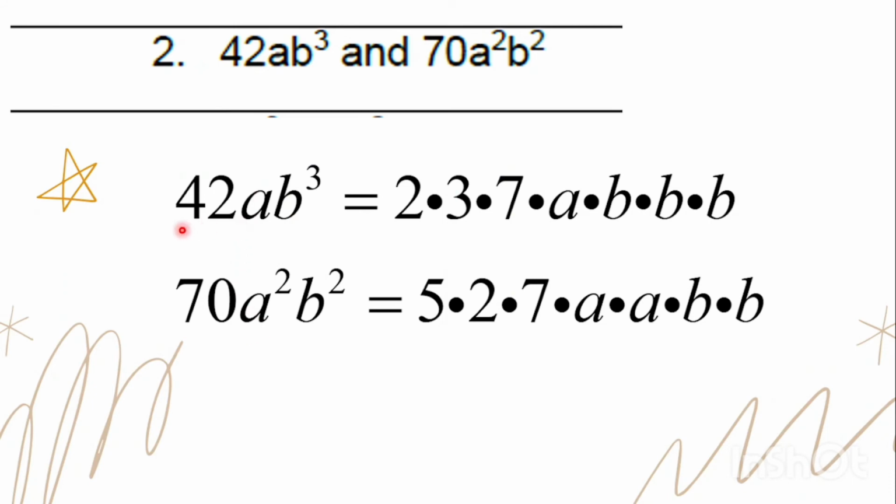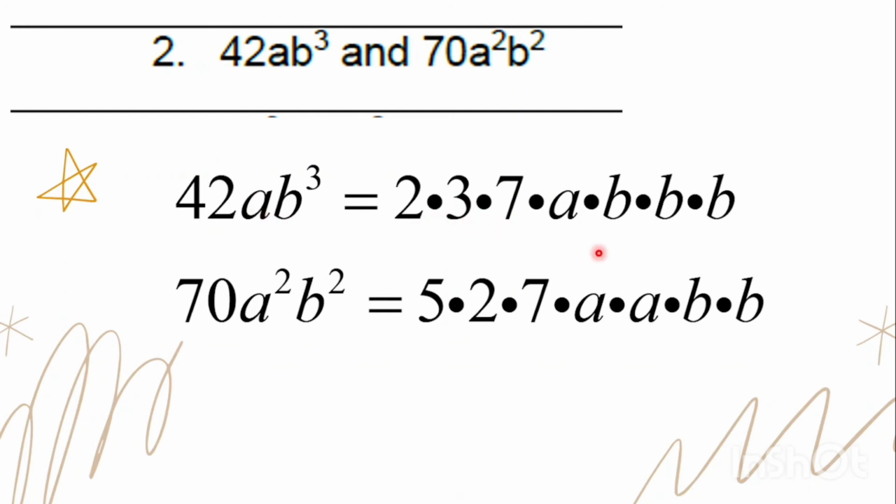Now, we will just do the prime factorization of 42ab cubed. So 42 is equal to 6 times 7. But 6 is not yet in its factored form, so we have to factor it as 2 times 3. That is why 42 is written as 2 times 3 times 7.